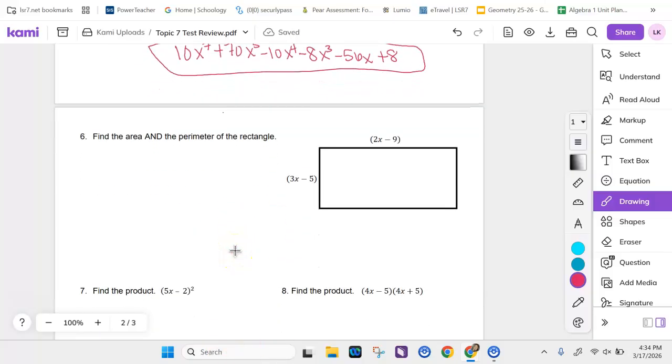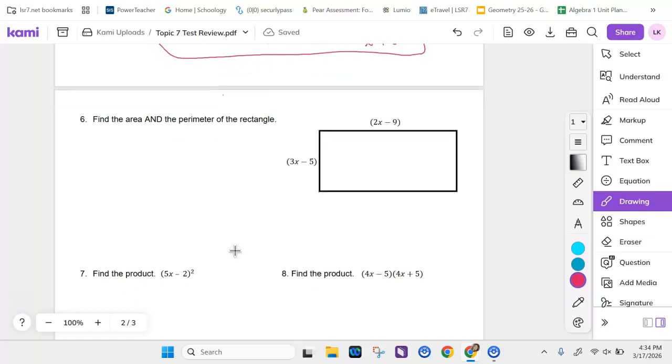Find the area and the perimeter of the rectangle. So remember, the area is you're multiplying length times height. Perimeter, you add all of your sides. This would be the same on each side, just so you're aware. All right, so area. I'm going to have 3x minus 5 times 2x minus 9.